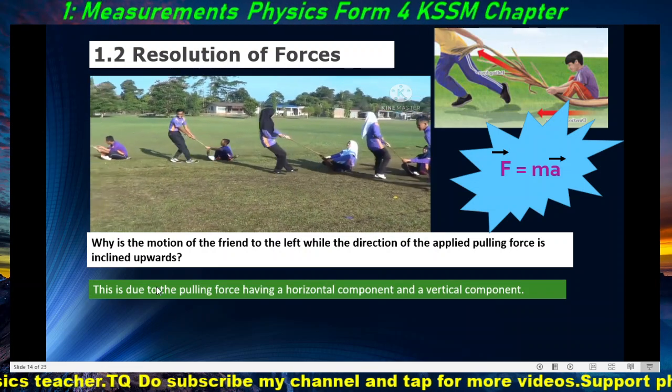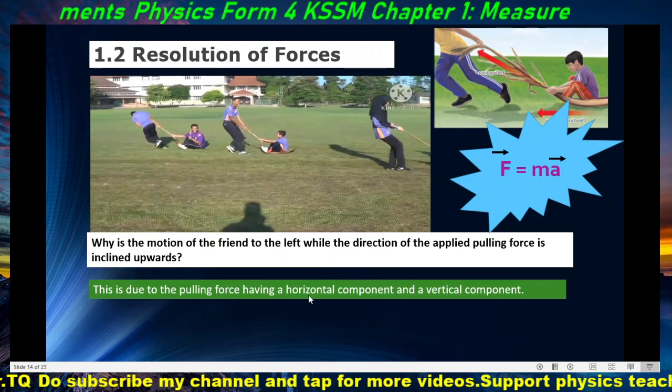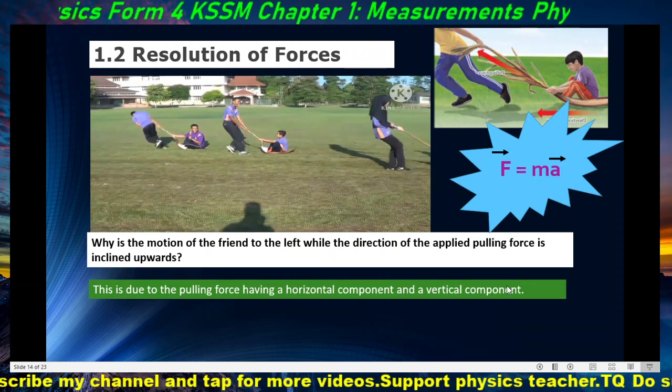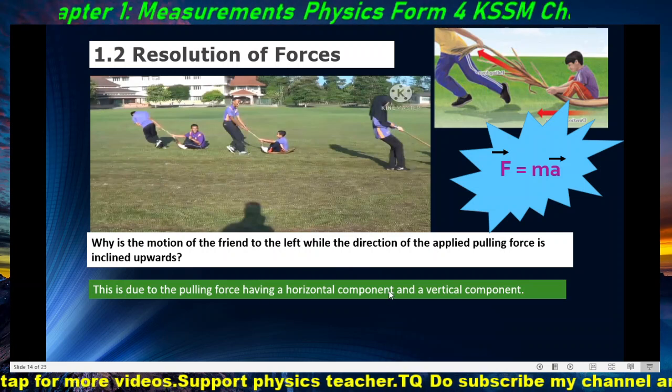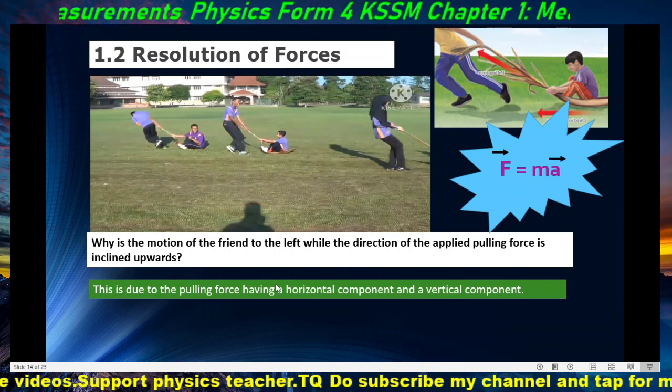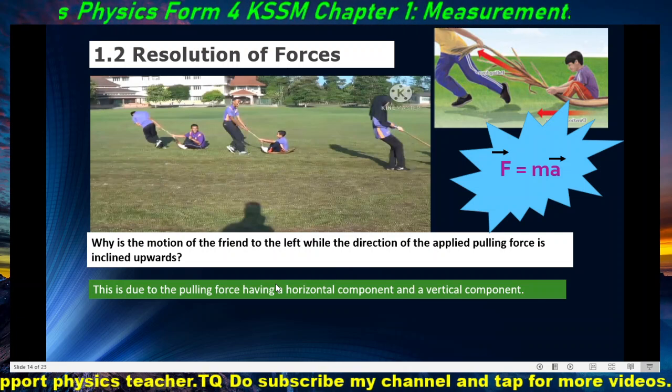This is due to the pulling force having a horizontal component and a vertical component. So the one that caused the horizontal motion is the horizontal component of the pulling force.